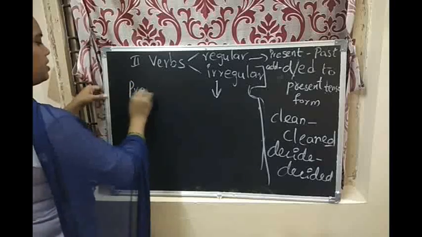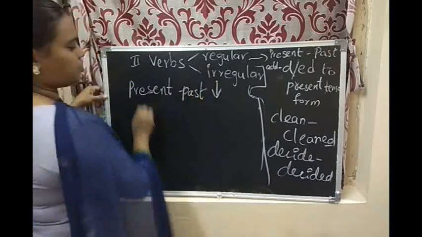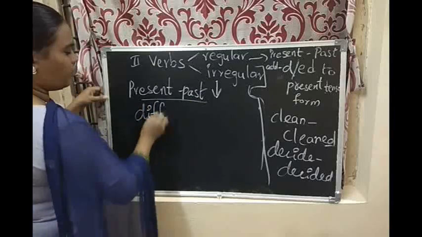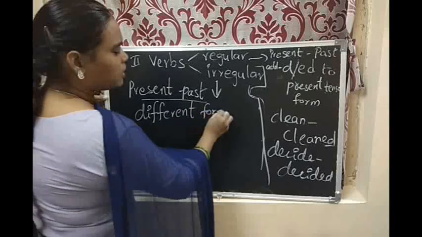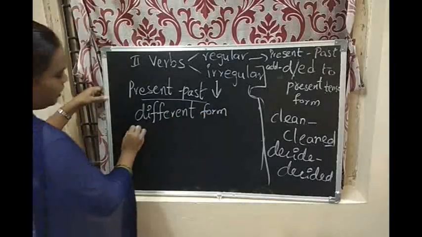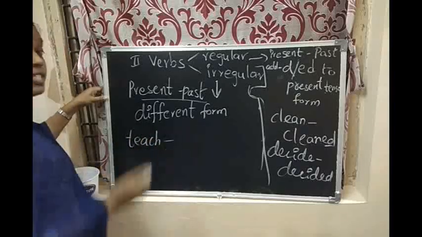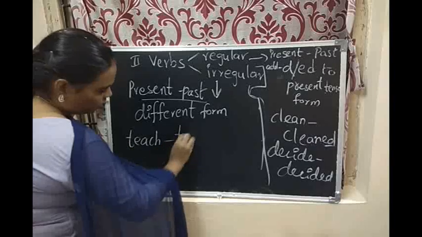For example, what am I doing here? Teaching. What is the past tense form? Taught.